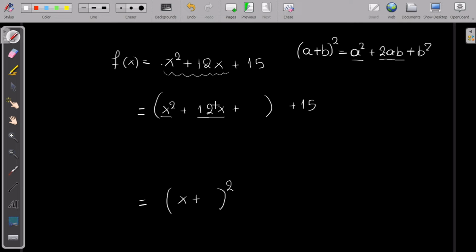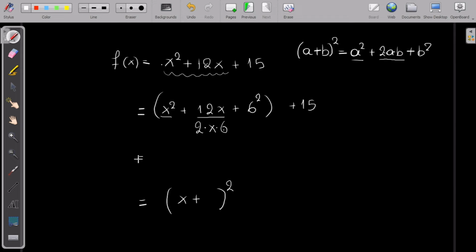So it can be written 2 times x times, now how much is going to be b so as to give me 12x? 2x times 6. You see, 2 times 6 is 12x. So b is this number here. But to complete the square, I must have plus b squared. How much is b? 6. So it should be 6 squared.